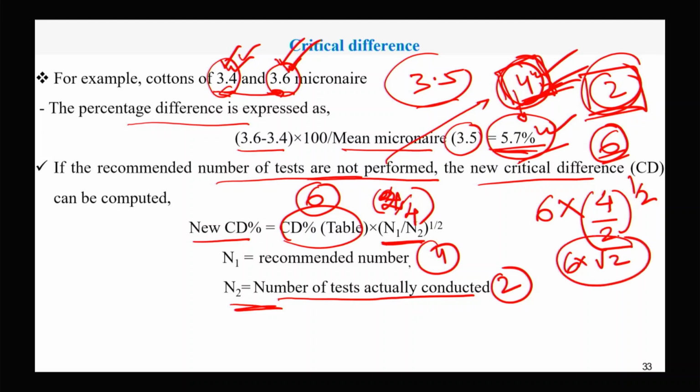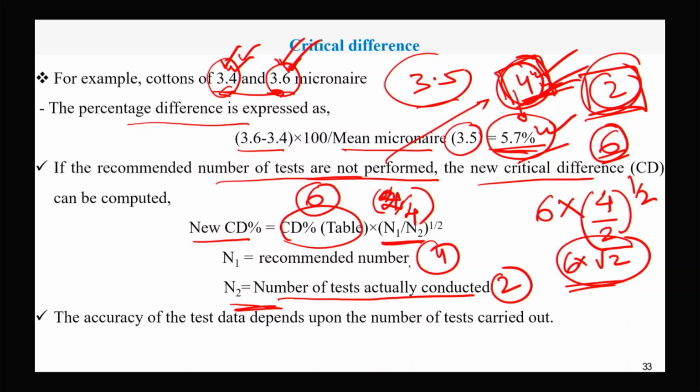In this way we will come to know the new critical difference. As we know, the more sample specimens we test, the better the accuracy of the test data.